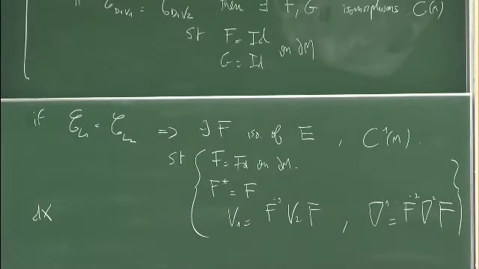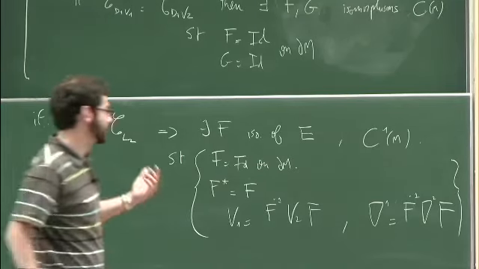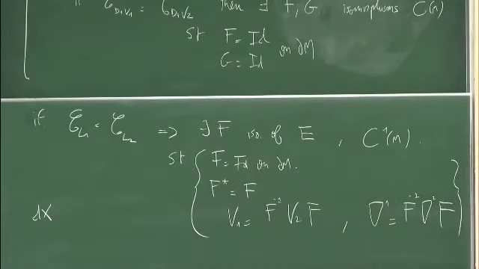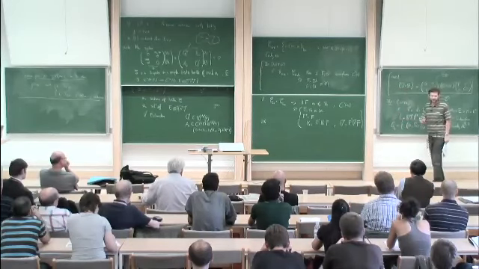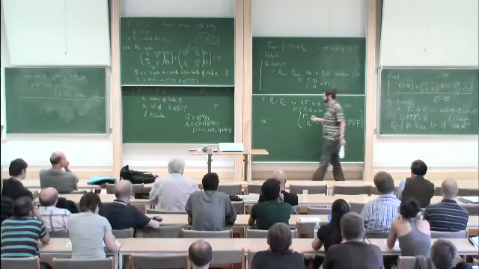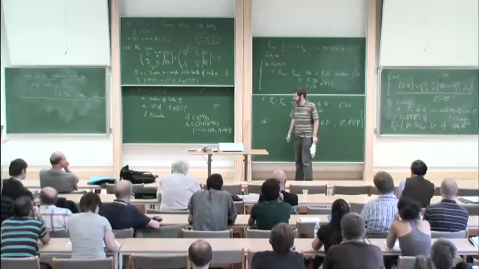But this works only for line bundle, doesn't really work for the general case. And then, as I will explain, there's another method to actually recover directly the gauge. So there's sort of two proofs, at least for line bundle.